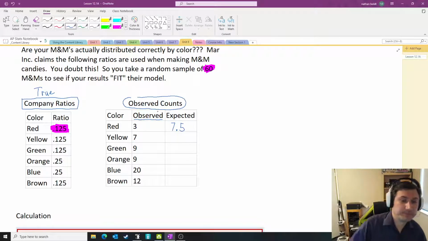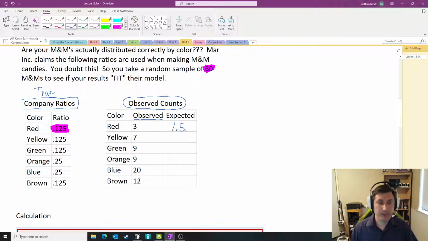So the expected are allowed to be decimals. That would be the same for yellow, because that one's also 0.125. So this will be 7.5. We expect 7.5 yellow, 7.5 green. Oh, but orange was different. 25%. Did you know they have different percentages? So 25% orange and 25% blue. I'm not making this up. I saw this.